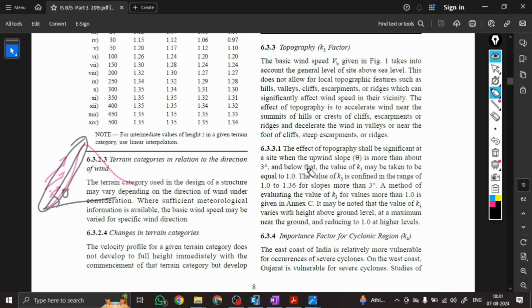If we have a hill, then this is the upwind slope, this is theta. What it says is, if our theta is less than 3 degrees, then we will take K3 as 1.0.